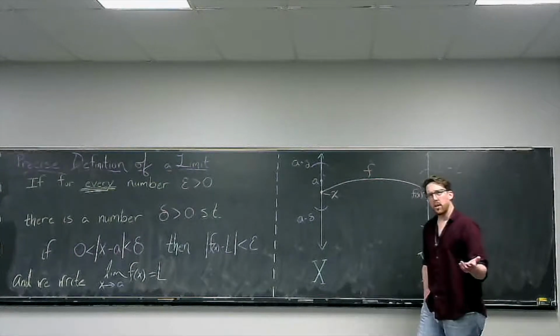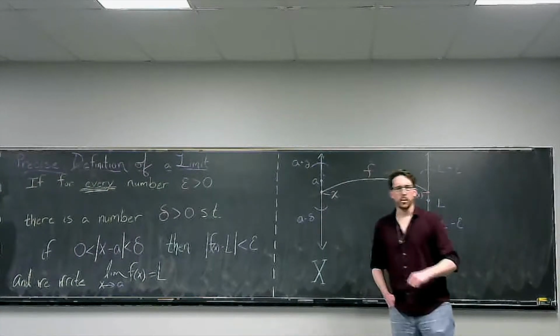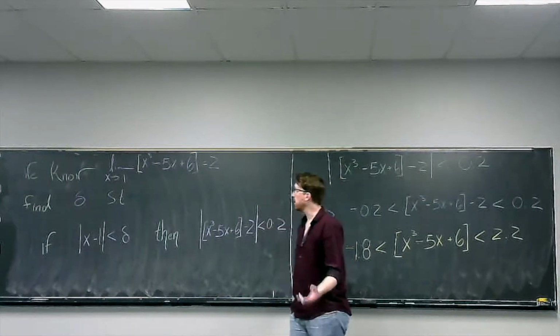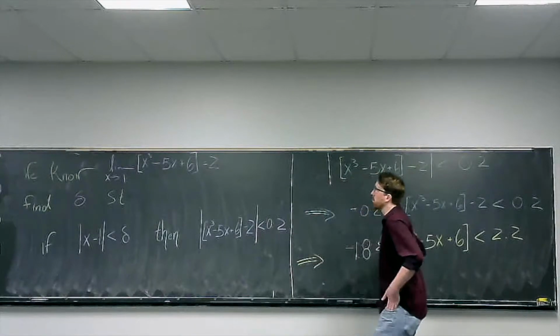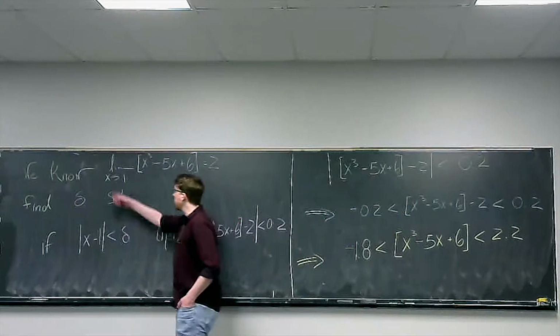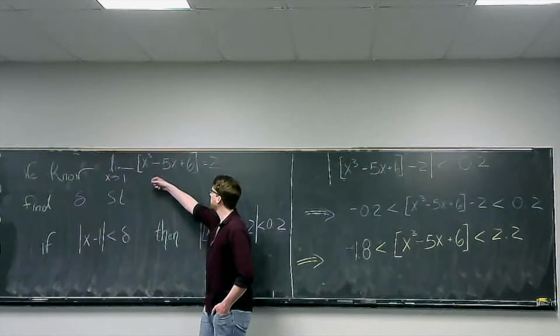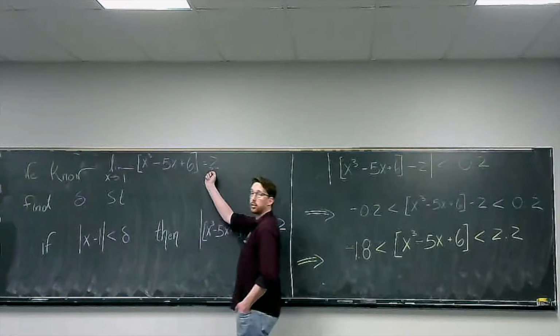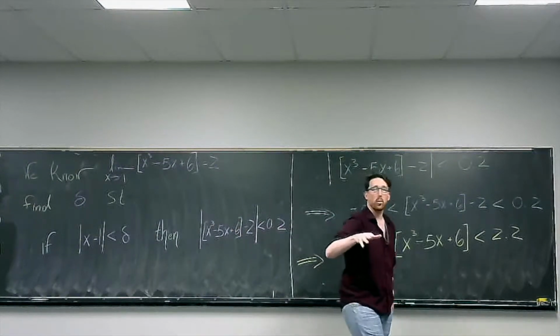Having said that, let's look at how we're going to use this now. As an example for how we're going to use this precise definition, let's consider this problem here. We know from direct substitution that the limit as x approaches 1 of x cubed minus 5x plus 6 is equal to 2. That's just because we can plug 1 directly in.